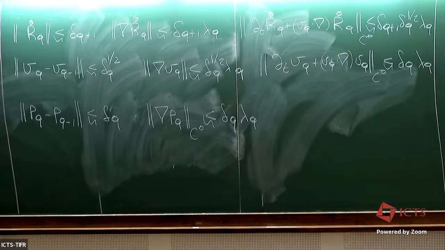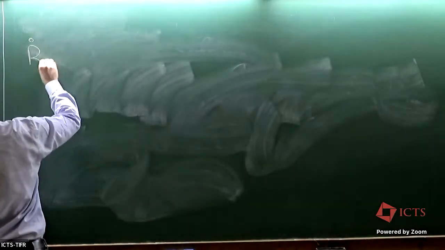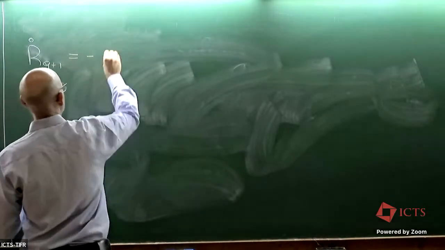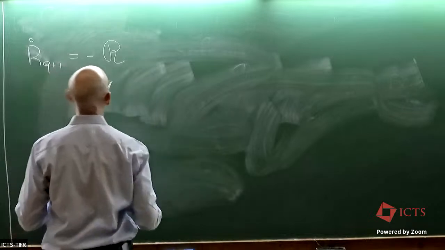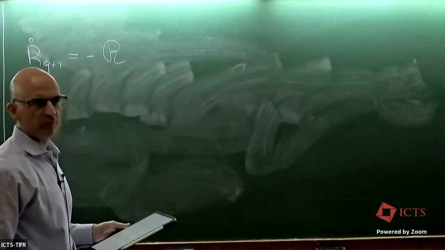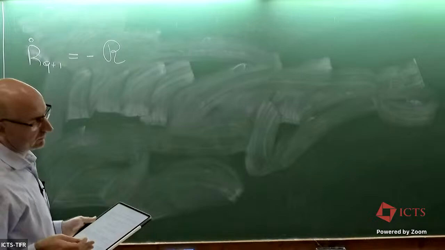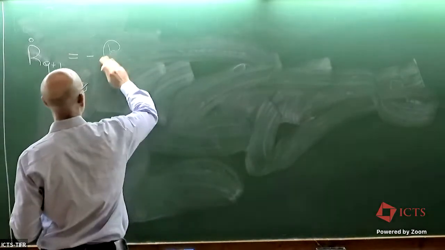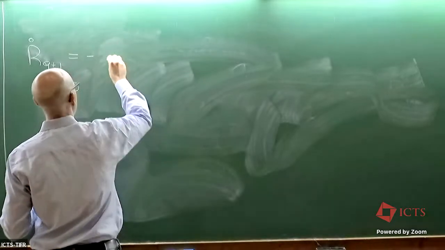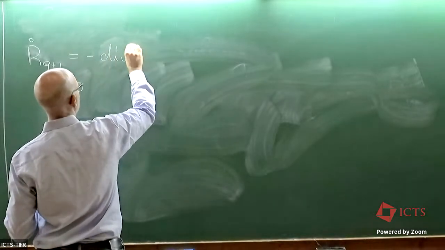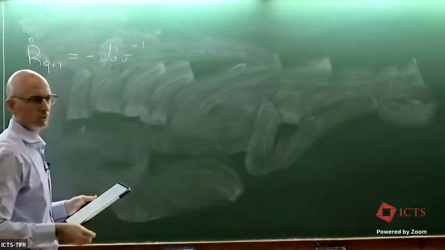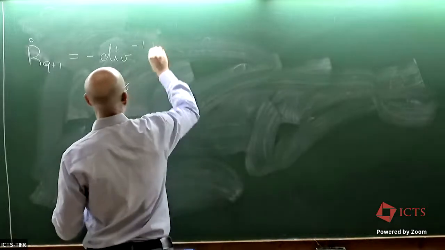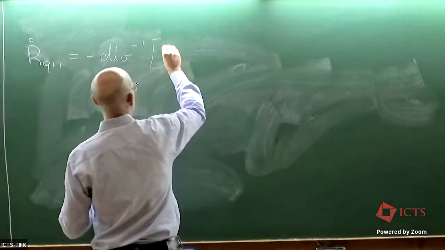When I look at R circle Q plus 1, I will have minus, and then this operator which I call R. This is what actually inverts the divergence. In the survey we actually call it divergence to the -1, but it's the matrix operator. So you will get a guy like this.